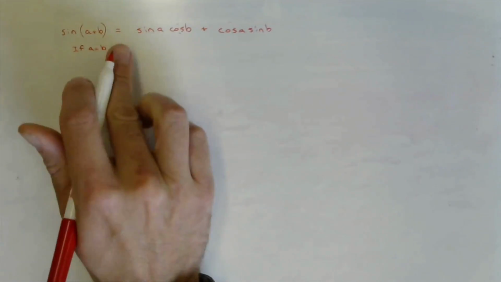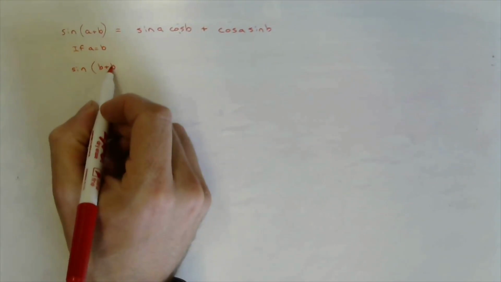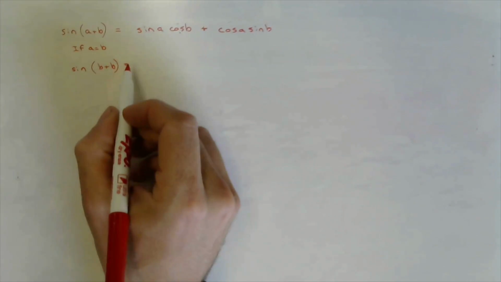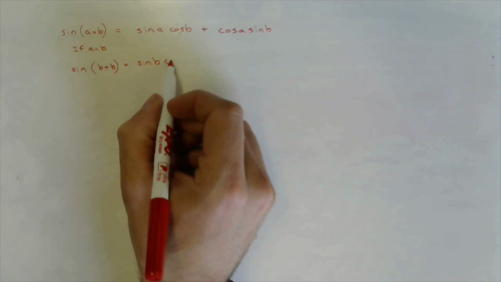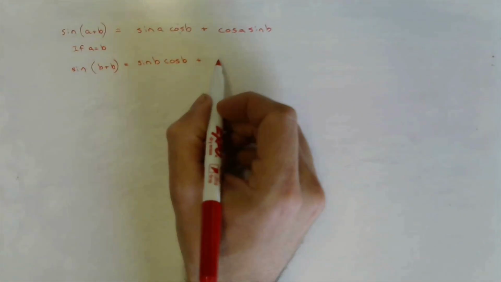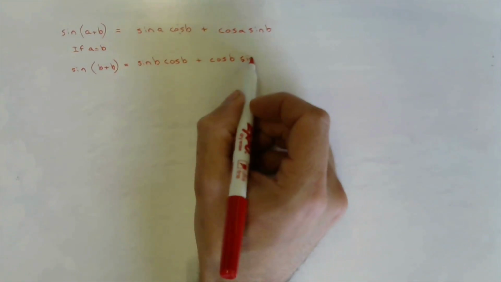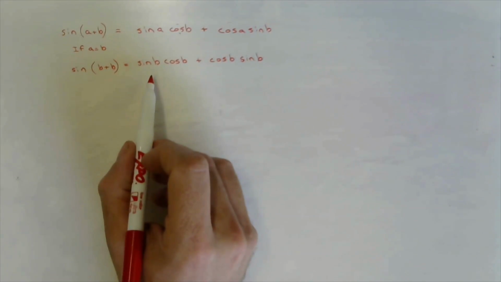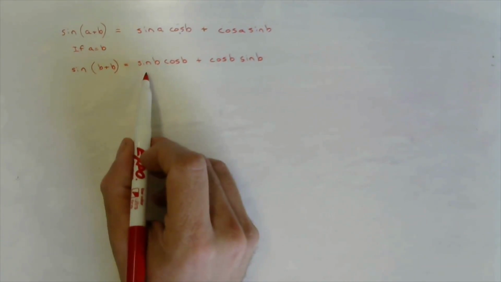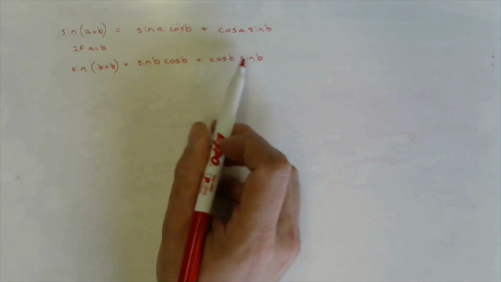Well, then we end up with the sine of B plus B. And on the right-hand side, we have the sine of B times the cos of B plus the cos of B times the sine of B. Because multiplication is commutative, sine B times cos B is the same as cos B times sine B, so we have two of those.